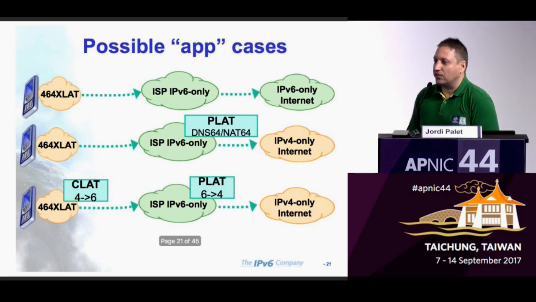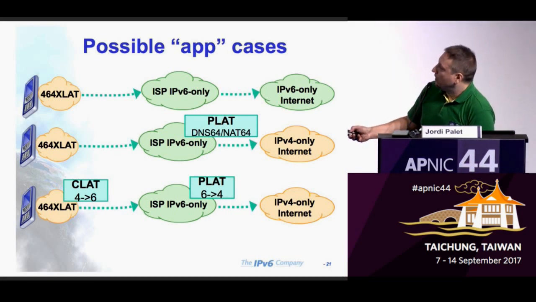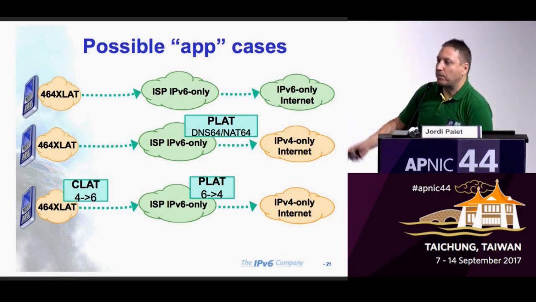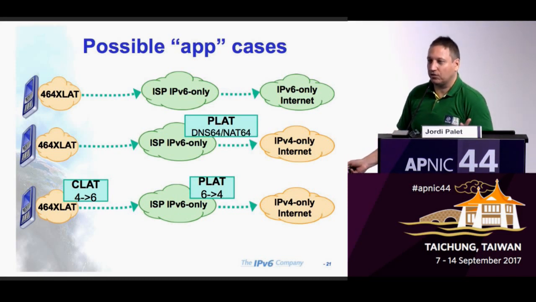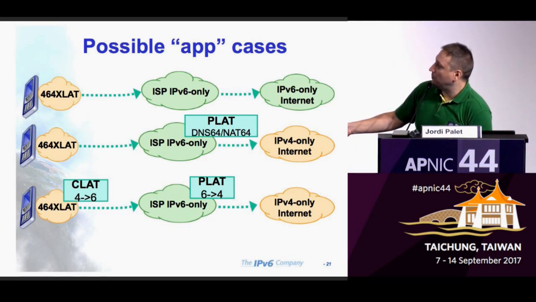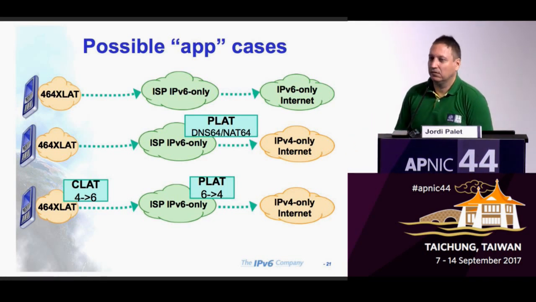So let's see this. 3 possible situations. Let's suppose we have a dual stack application that is running IPv6 to connect to IPv6 only internet. Because we have IPv6 only network, of course it works. Nothing to change, right? So we have IPv6 end-to-end.